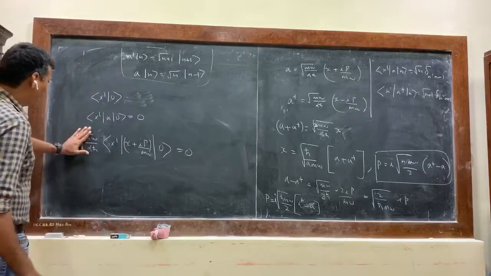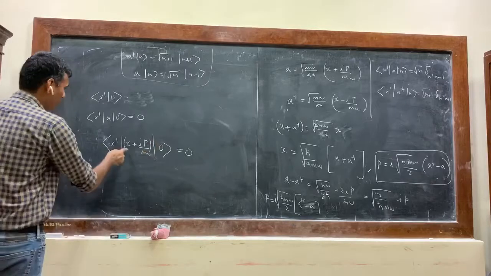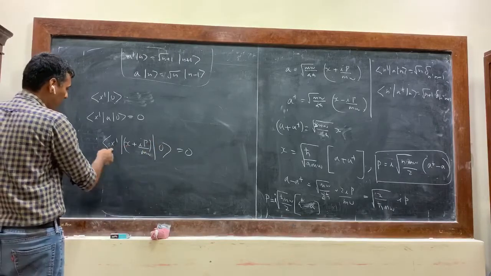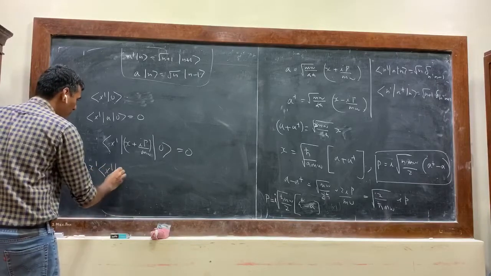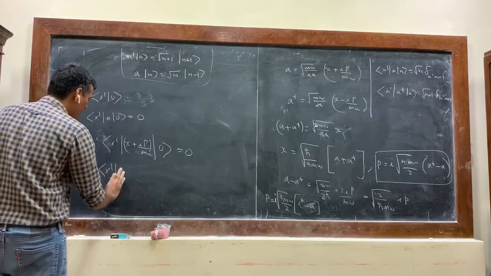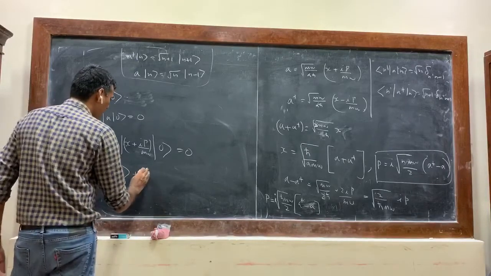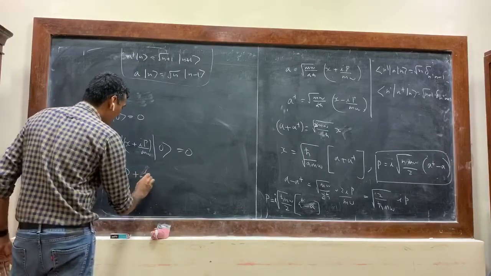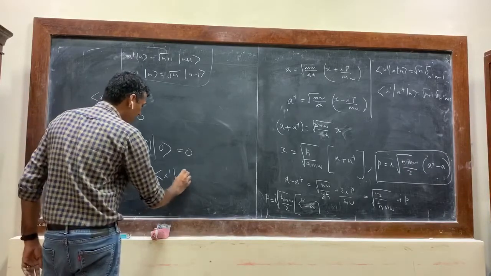So this is equal to 0. And you know that x is a Hermitian operator, x acting on x prime is nothing but x prime. So you get x prime into x prime 0, plus you will get i divided by m omega, and then you get x prime p0.